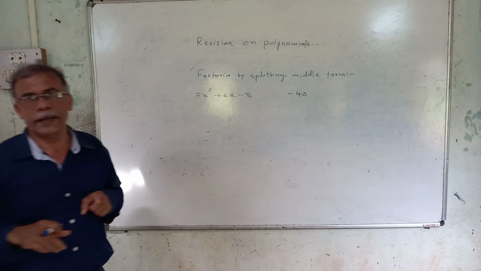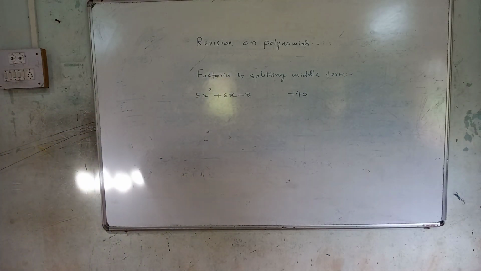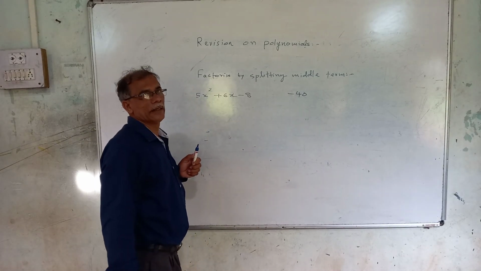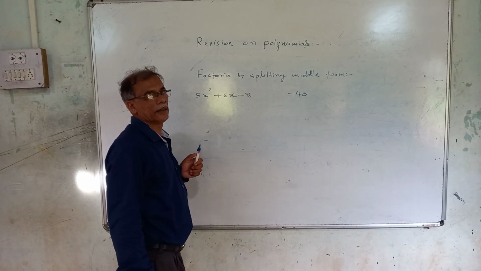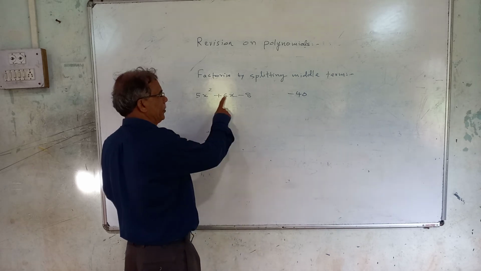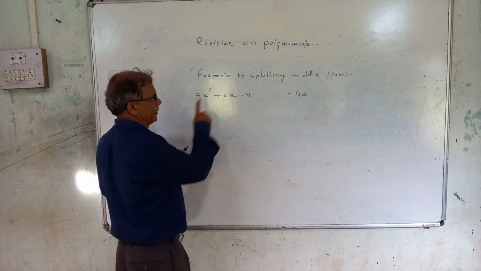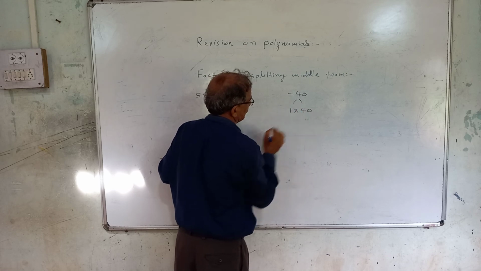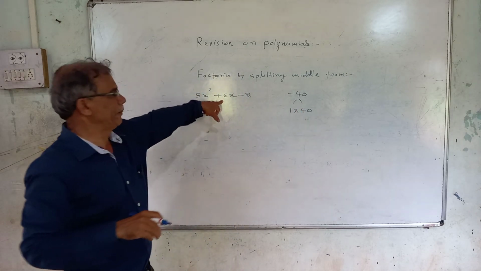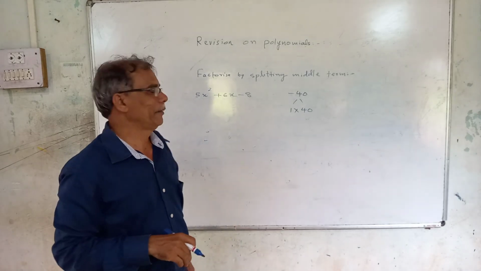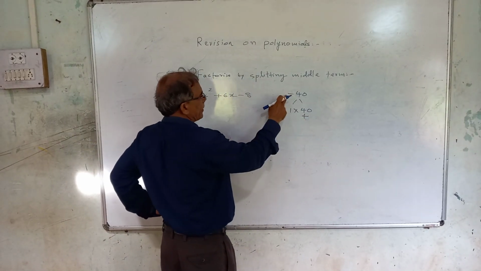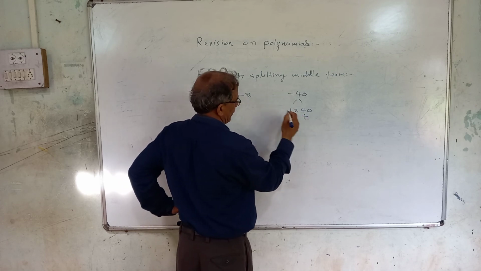You have to find a pair of two numbers such that the multiplication is minus 40 and the addition is equal to the middle term, that is plus 6. So you have to write the pairs, 1 into 40. And since the addition is plus, the greater number will always be positive, and since the multiplication should be negative, one positive, another negative.